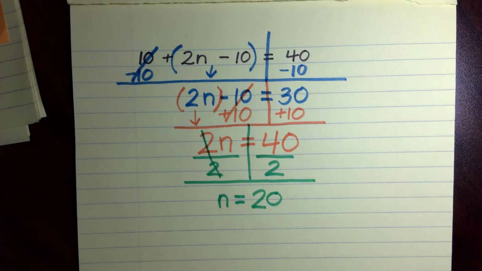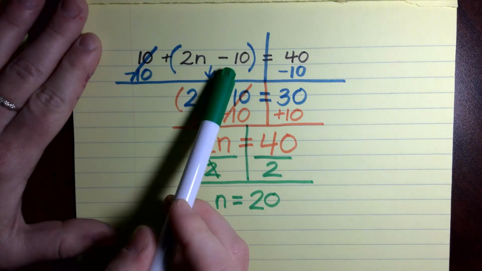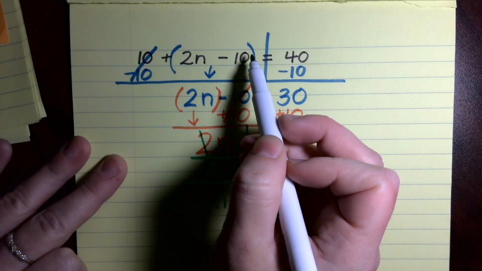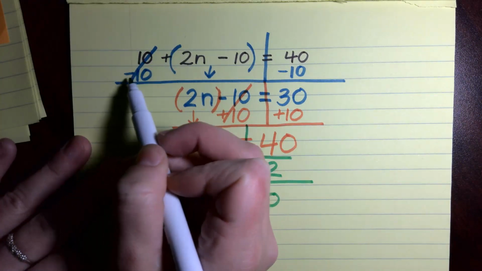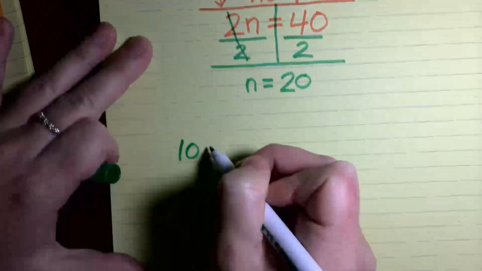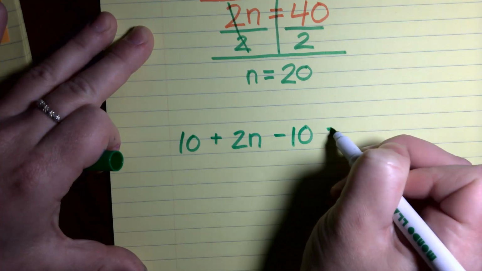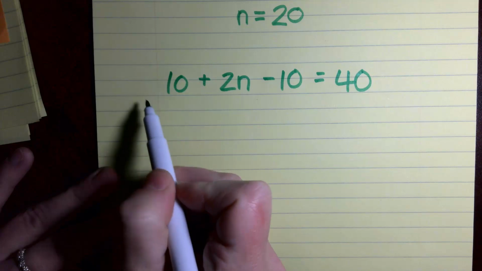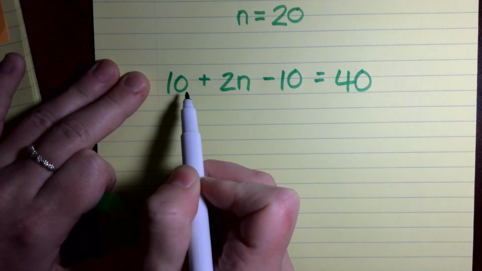Yeah. Okay. So since the subtraction is behind the 10, that's why we subtracted 10? Right here, or is it right here? So we're subtracting 10 because what we have here, I'm going to just rewrite it. It's 10 plus 2 times n minus 10 equals 40. The reason that we are subtracting 10 to get rid of this is because it's a positive 10.